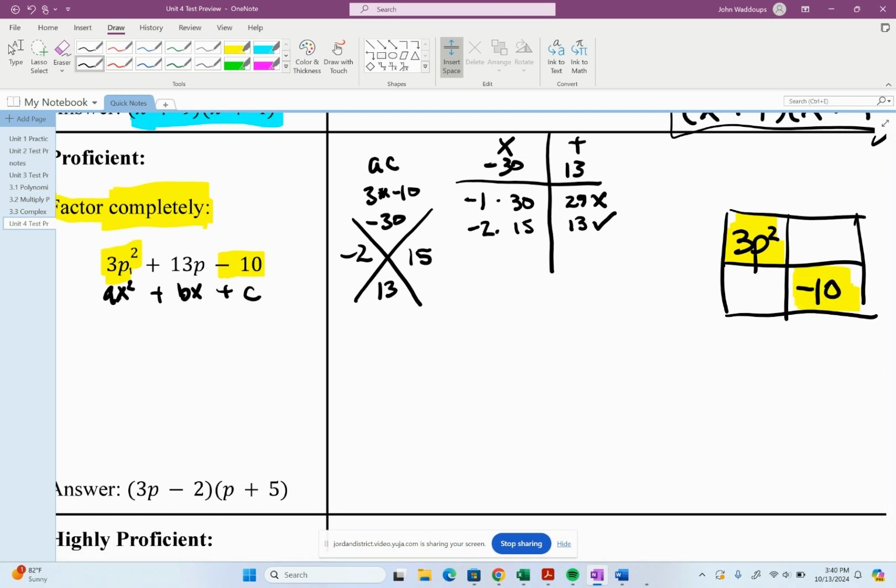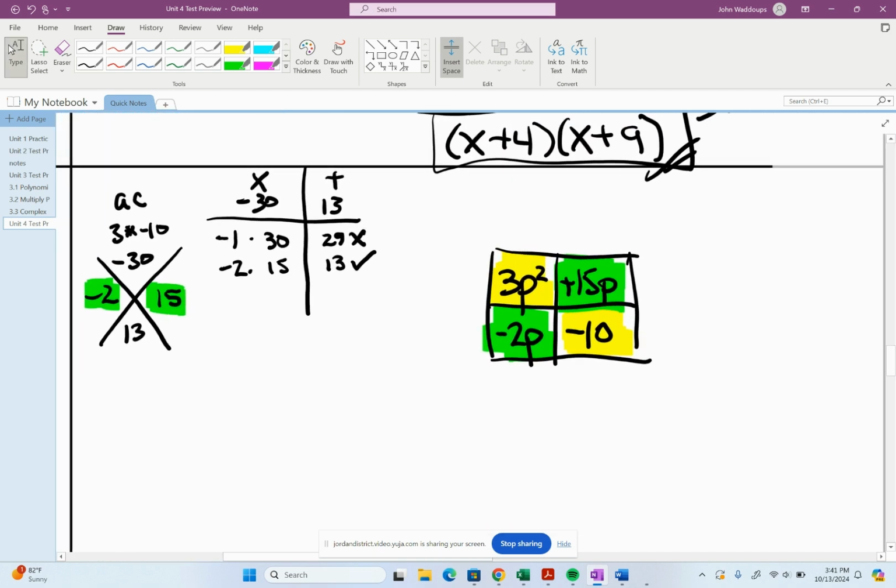And then I'm going to use my negative 2 and my 15. I'm going to put those in here to be the same as that plus 13p. So that's negative 2, but I have to put a p with it, negative 2p, and plus 15p. If you combine those, plus 15p minus 2p, you get 13p, which is that middle term.